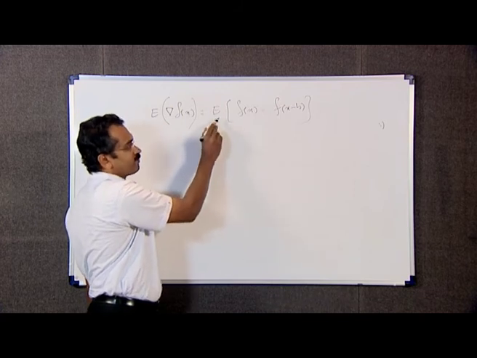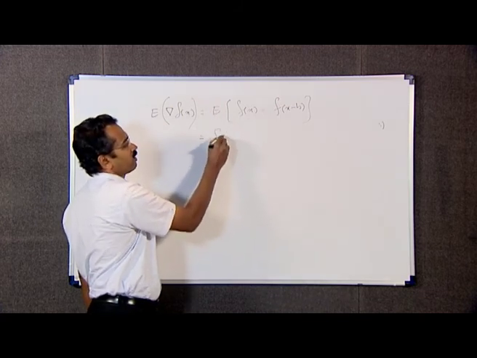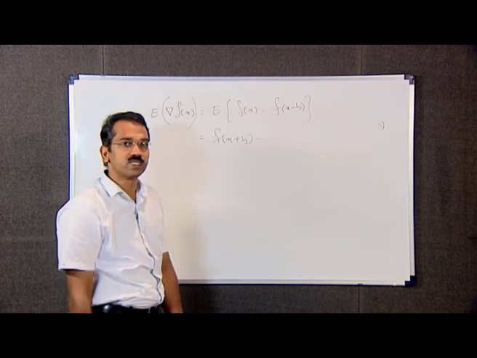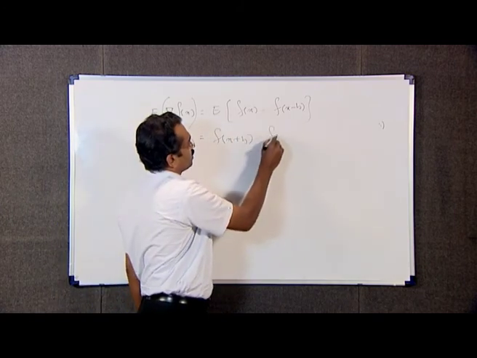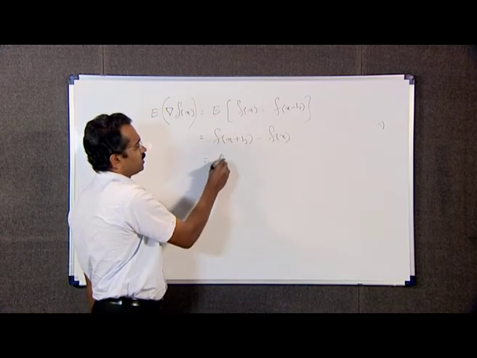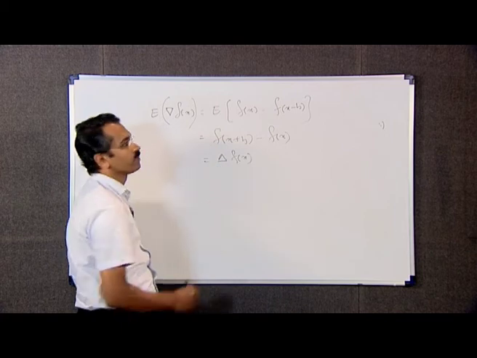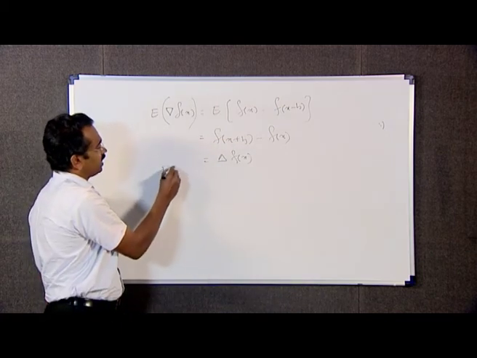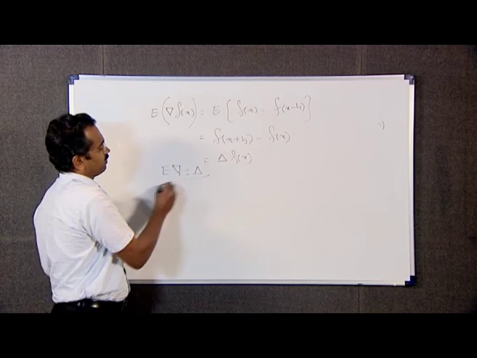By the definition of the shift operator, E f of x is f of x plus h, minus E f of x minus h is f of x. This is equal to delta f of x. That is, the identity is E del is equal to delta.